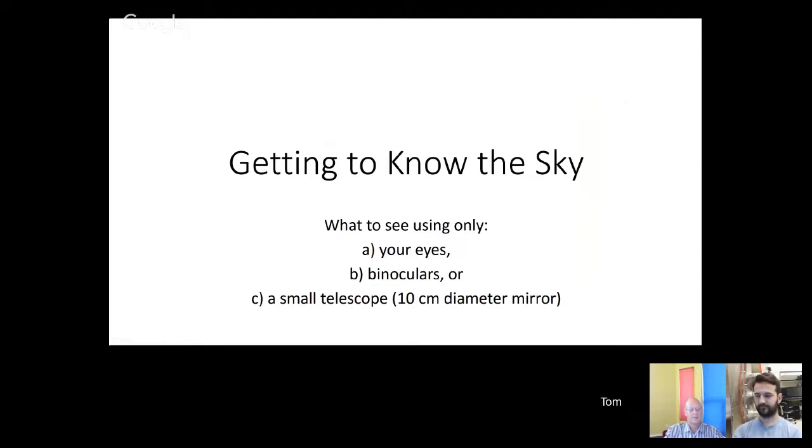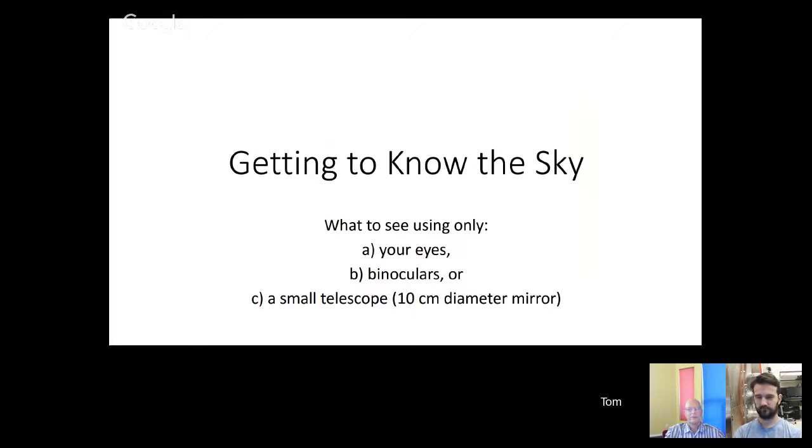I'm going to talk about how one can get to know the night sky. And that means when you go outside at night and you look in the sky, you see all these stars, and how can you come to learn them a little bit better, learn the constellations, know what you're looking at, know what time of year it is by what you're looking at up in the sky, and perhaps point out some constellations to your friends while you're outside.